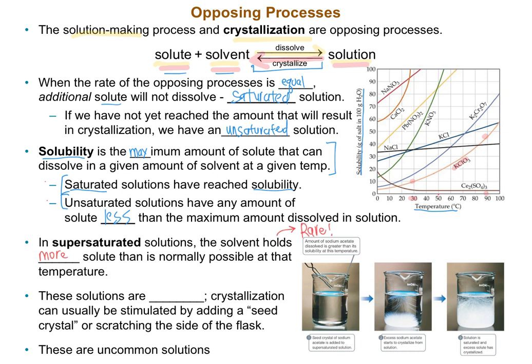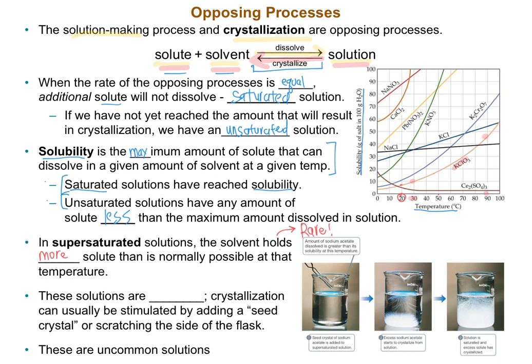So how does this process happen? Basically, let's use our potassium chlorate situation again. Let's say I'm at room temperature, about 20 degrees Celsius, and the maximum I can add, my solubility limit, is about 7 grams of potassium chlorate. So if I put in, let's say 20, only 7 would fit.